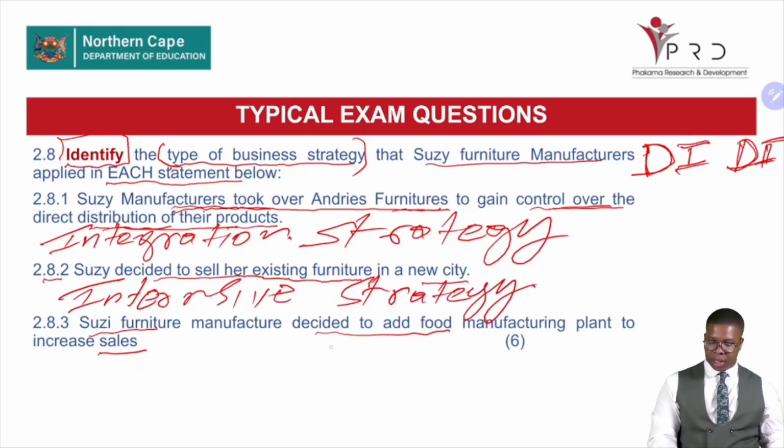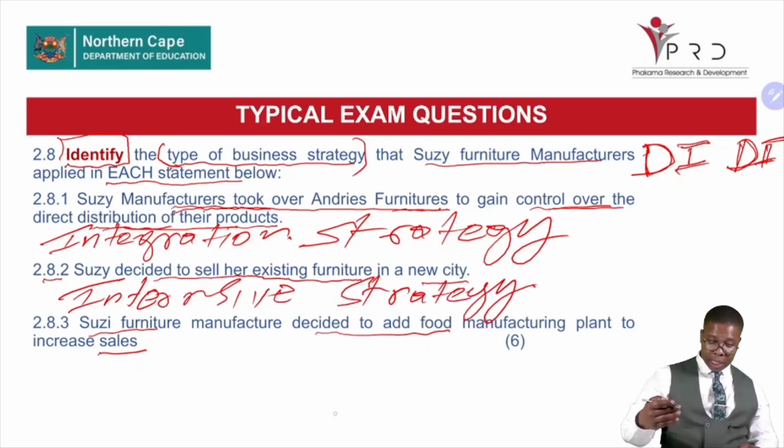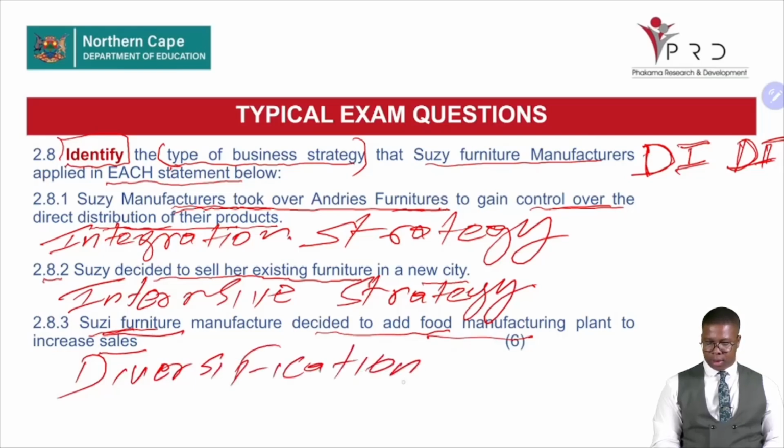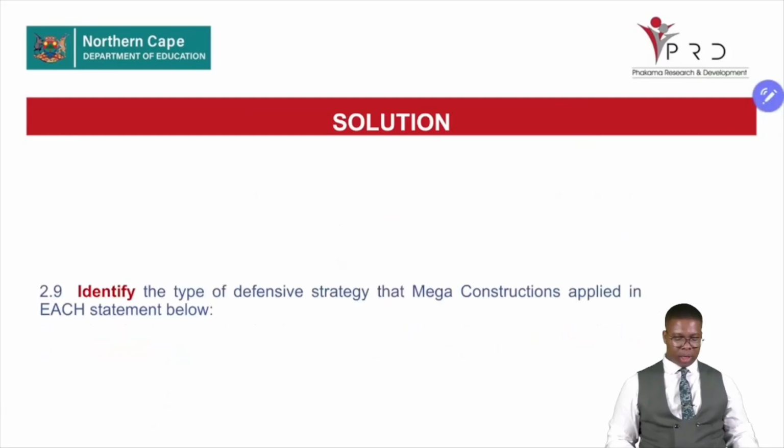Then Suzy manufacturer decided to add a food. So anything that has to do with adding, and you see Suzy's adding food and Suzy specializes in furniture. So therefore this should be what? Diversification strategy. And that's how you'd be expected to identify.